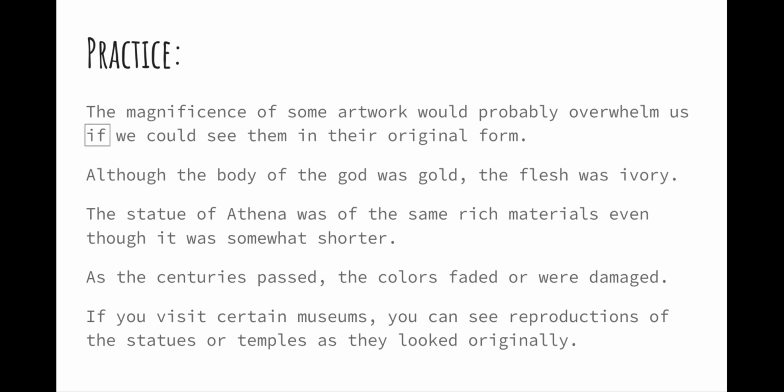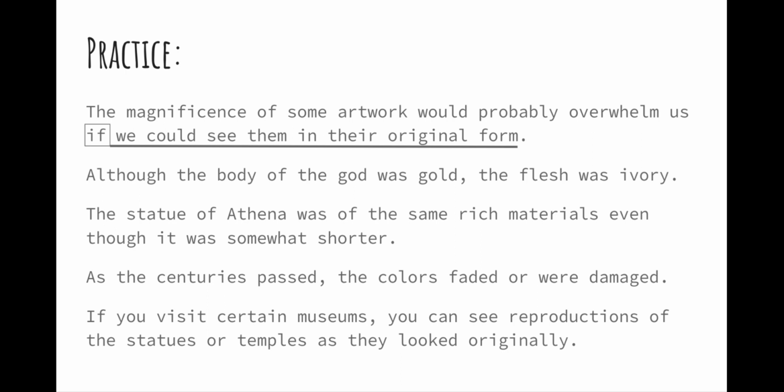Hopefully you said if. So if we could see them in their original form is the dependent clause connected to the independent clause, the magnificence of some artwork would probably overwhelm us. You can see that that can stand alone as its own sentence, where if we could see them in their original form cannot stand alone.